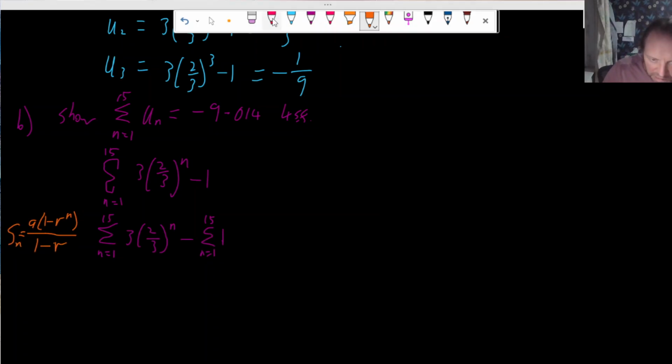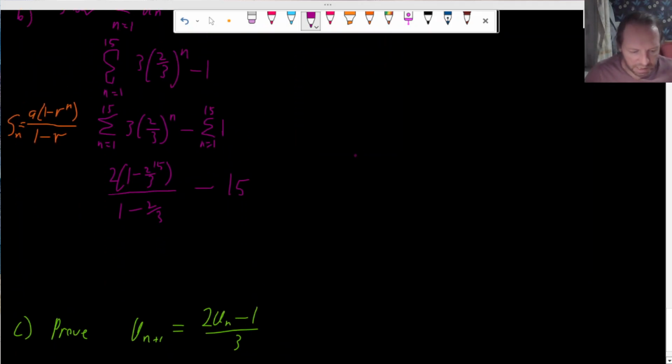So putting that in, the start term here, when we put n equals 1 into it, is 3 times 2/3, which is 2. So we have 2 times 1 minus the ratio 2/3 to the power of 15, divided by 1 minus 2/3, and we'll be taking away 15 from that.